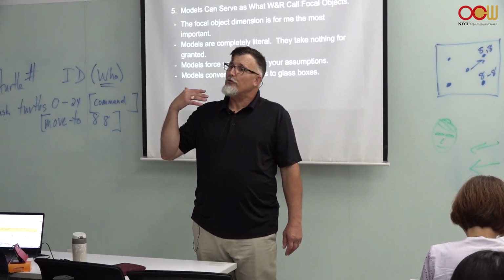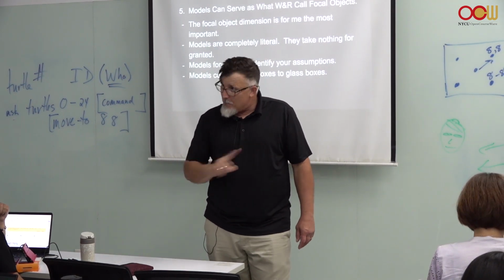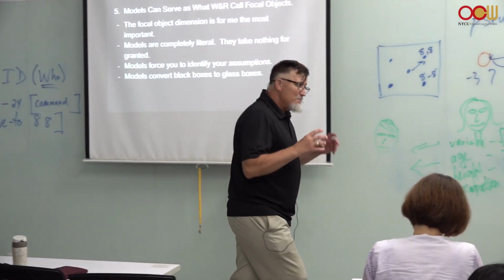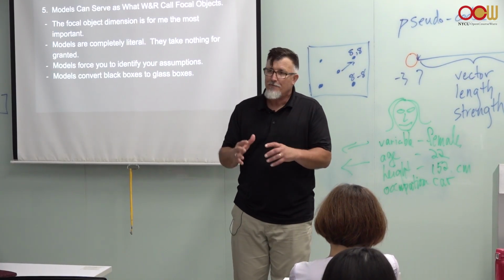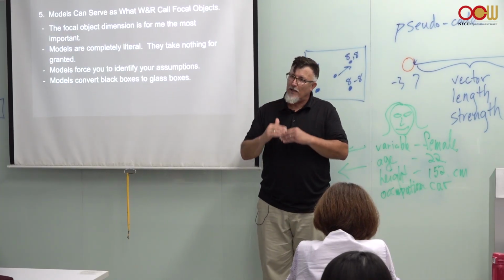The computer program will not work. It's telling me that what I think is happening can't possibly be happening. And therefore, by making something the object that you're focusing on, you have to include every single element.